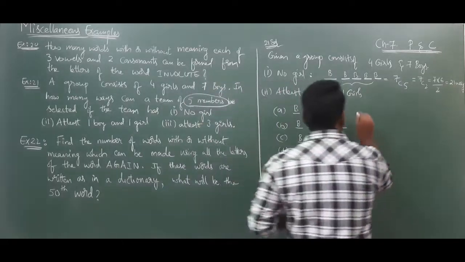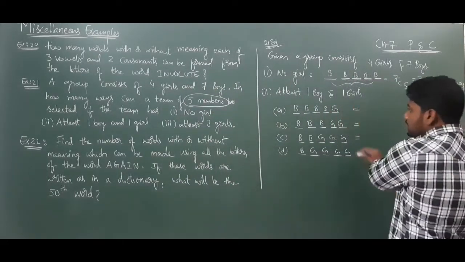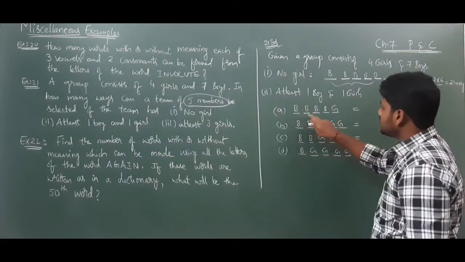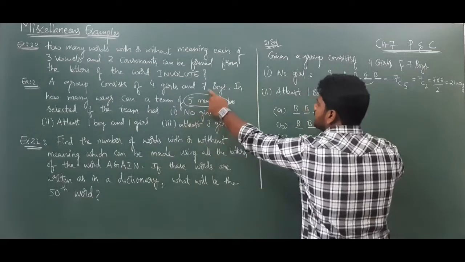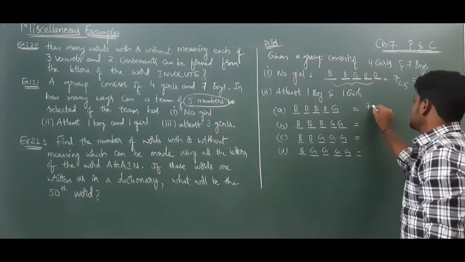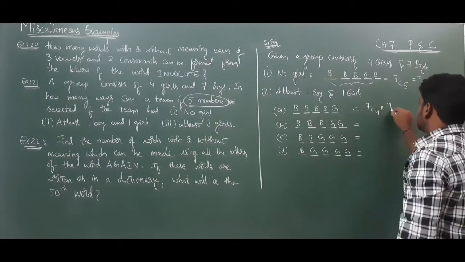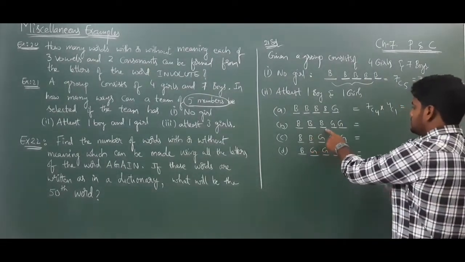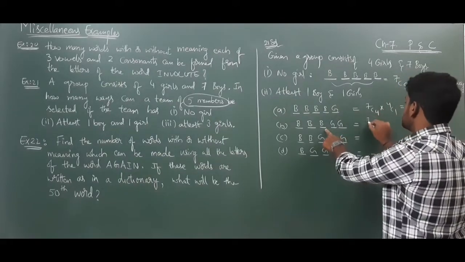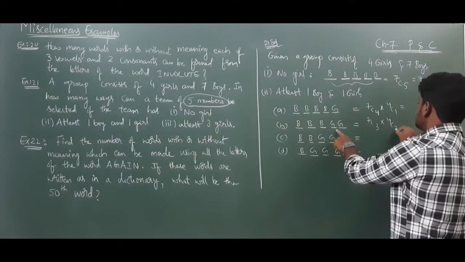Now how to simplify these 4 conditions? Here we are selecting a team. So selecting 4 boys out of 7 boys, it will be 7C4 into selecting a girl from 4 girls, 4C1. Simplify this. Next, 3 boys selected from 7 boys, so 7C3 into 2 girls out of 4, so 4C2.